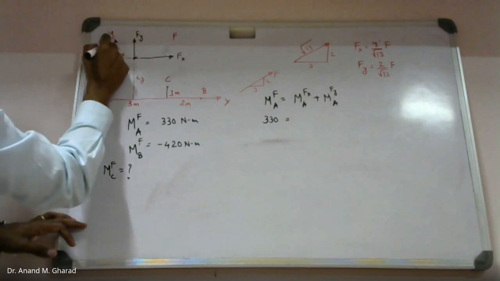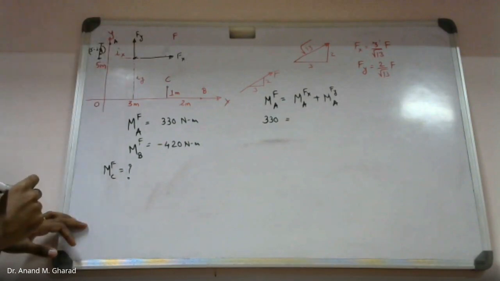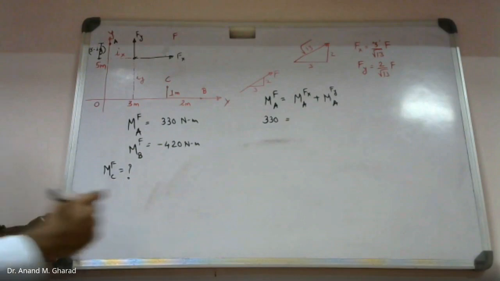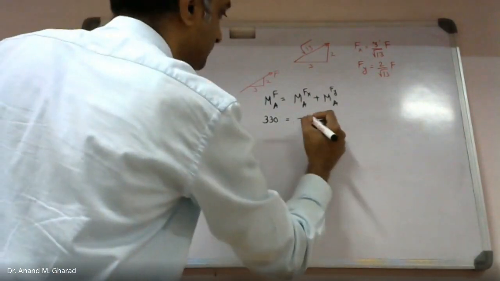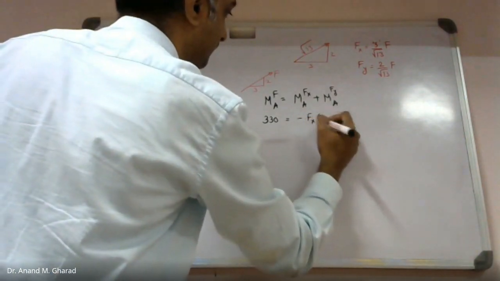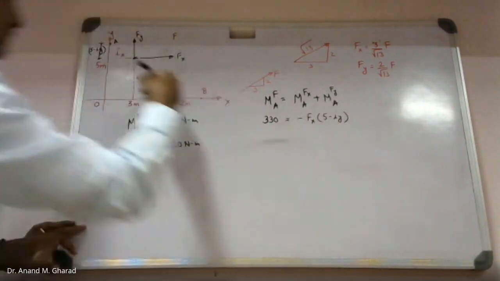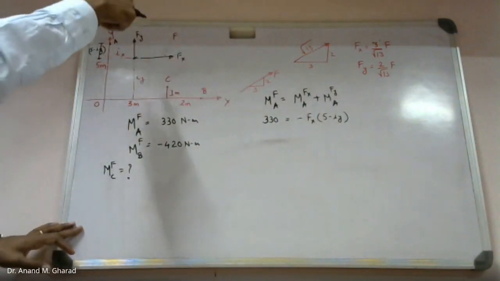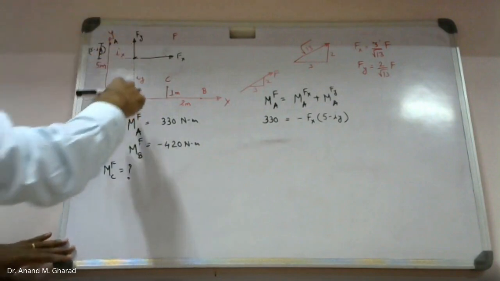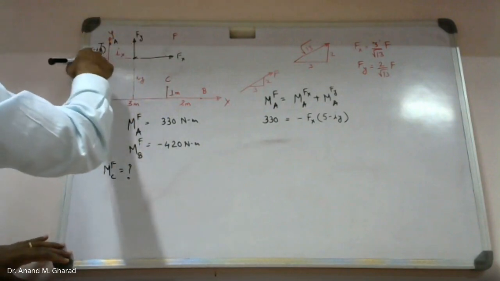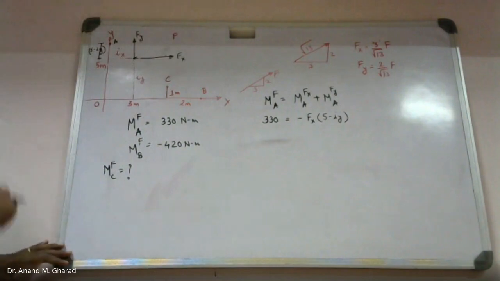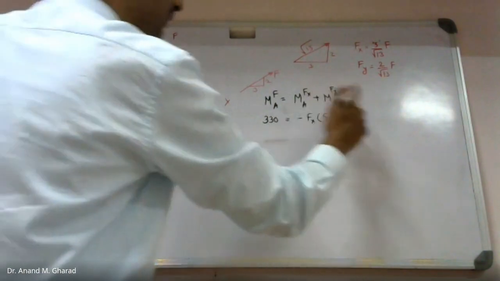Do you agree? Is it right or not? So minus Fx into 5 minus iy. Why minus? Because it is going to rotate in the anti-clockwise direction. Right?